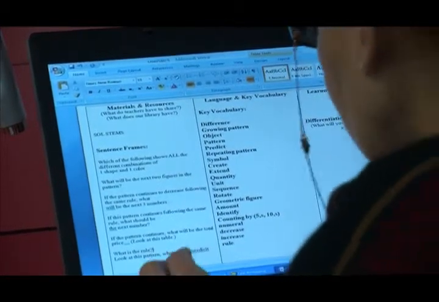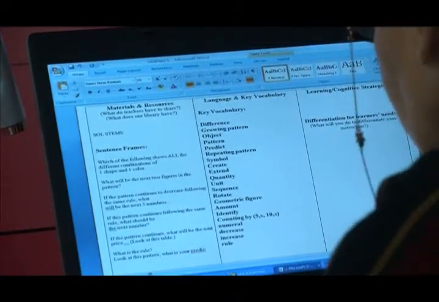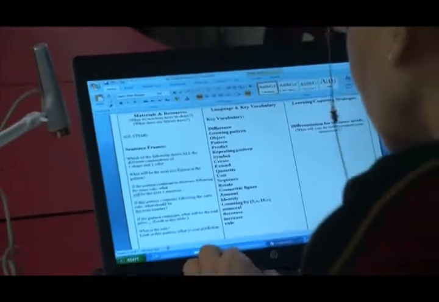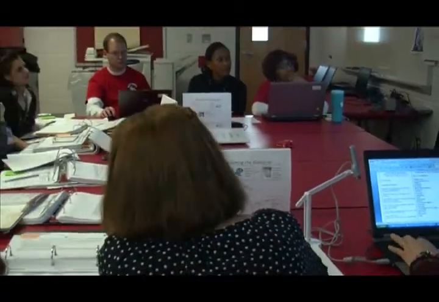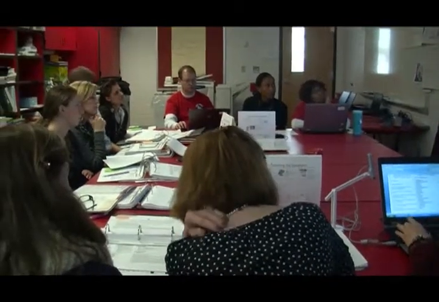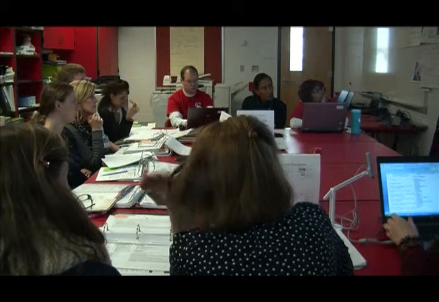What is your prediction? Is that the same as the one with if the pattern continues, what will be the total price? It's very similar, but just using the word prediction. Oh, yeah, we have it in the vocabulary. I'm going to put it in parentheses. Okay.